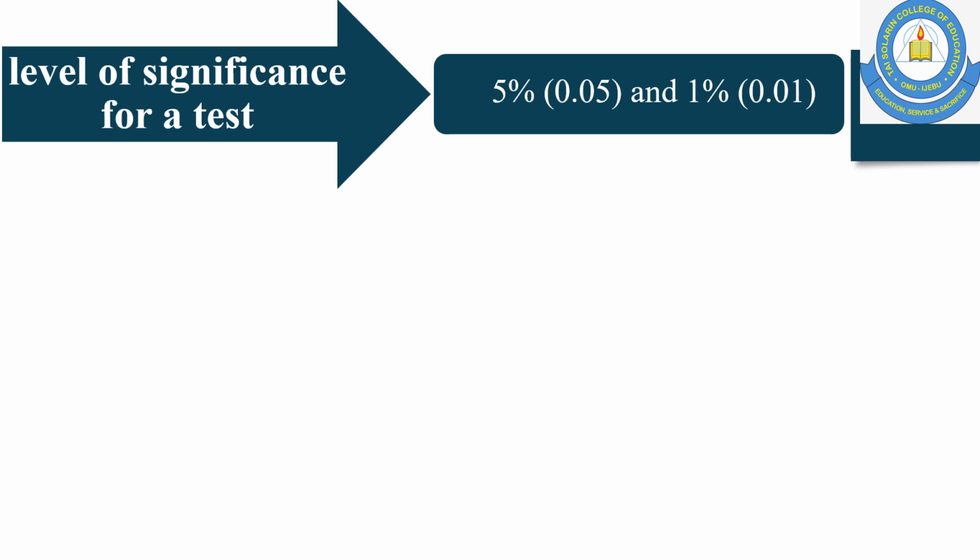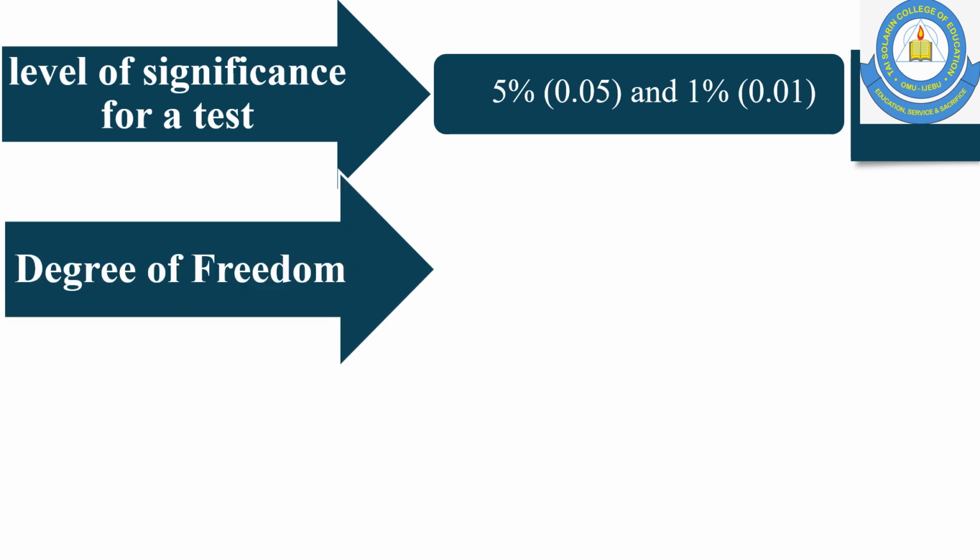If you decide to use 5% in a study, the implication is that if the study is replicated 100 times, the same outcome will occur 95 out of 100 times. And if you decide to use 1%, the implication is that if the study is replicated 100 times, the same outcome is sure 99 out of the 100 times.